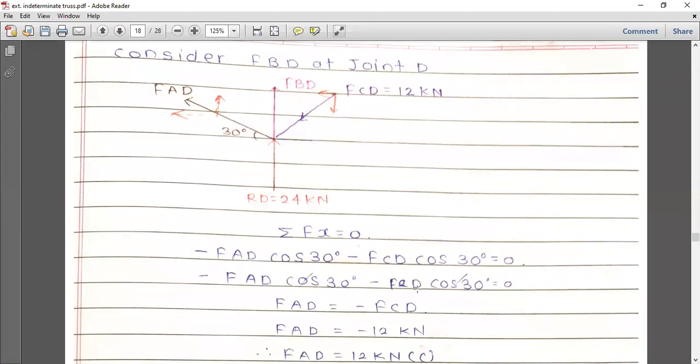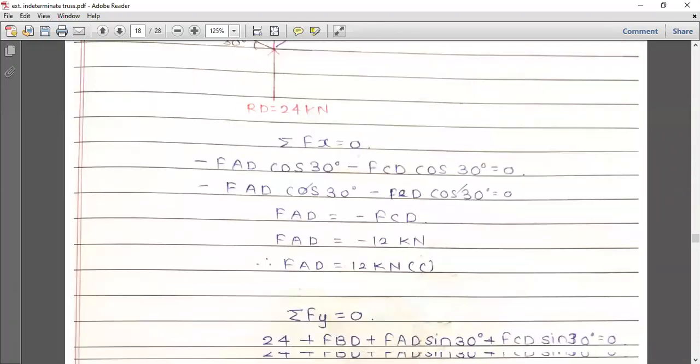So from here we can get the force in member FAD. Again, you are getting FAD as negative. What it means? Assumed direction is wrong. So just make the answer positive and write its final nature. The final nature is compression.